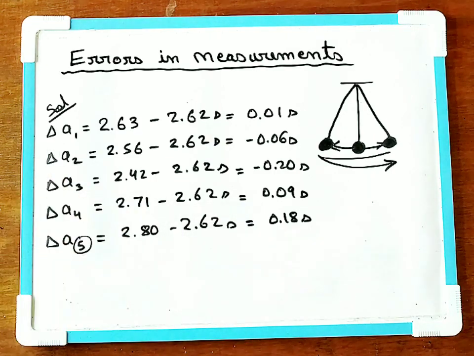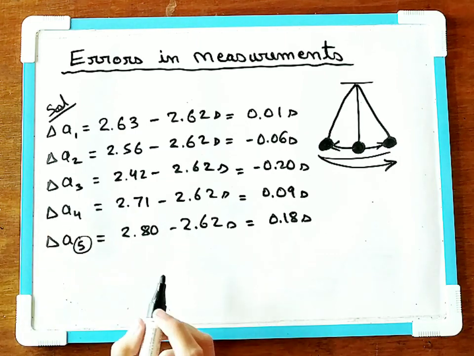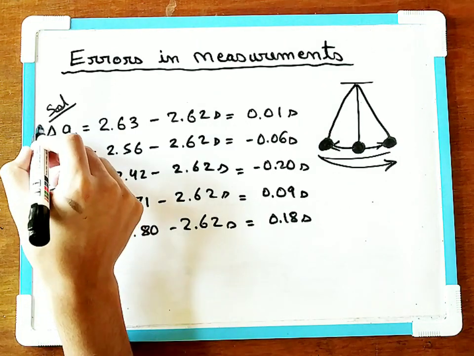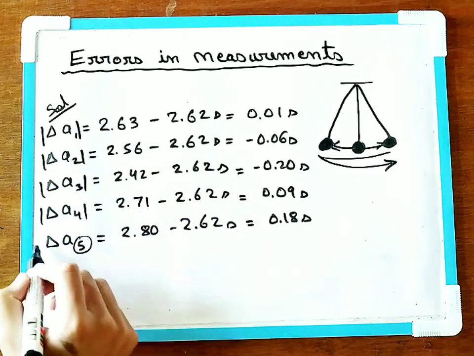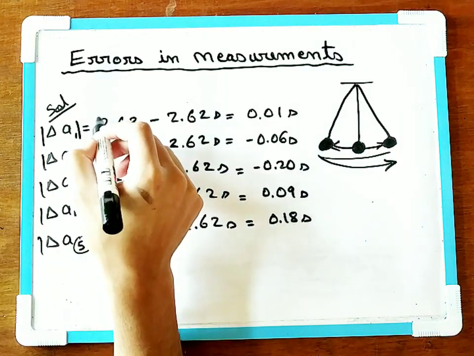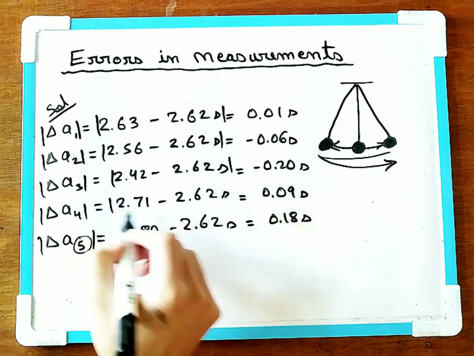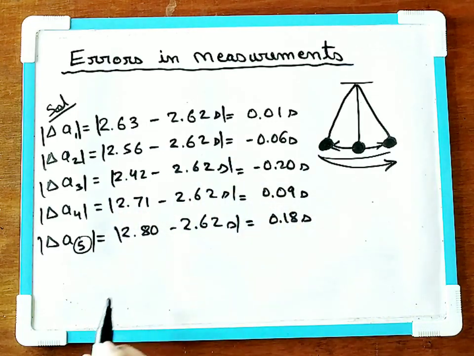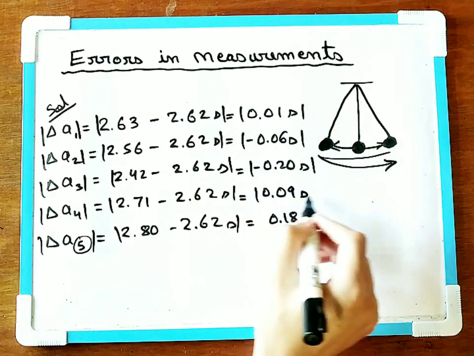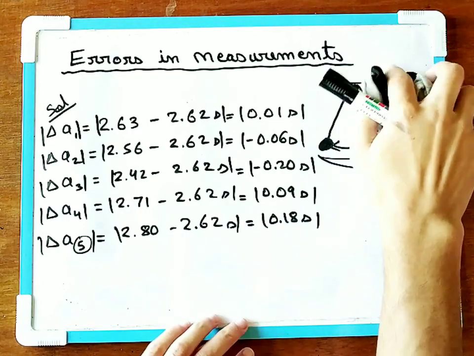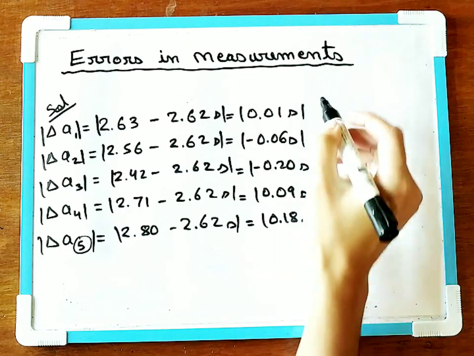You'll have to take the modulus of all these. So the absolute error of the individual measurements: you take the modulus of all these differences.